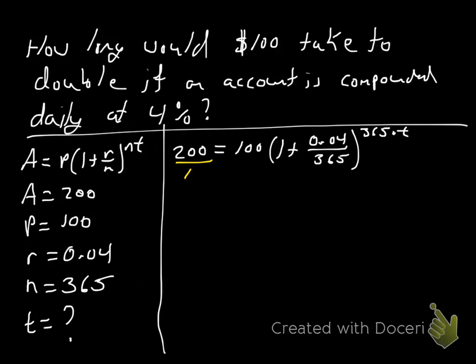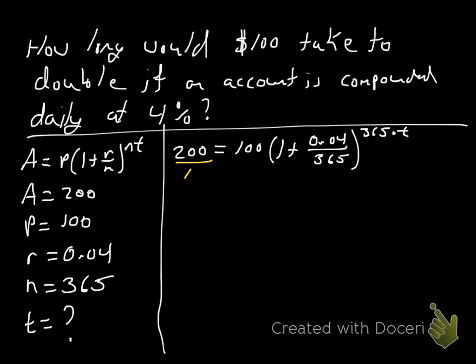Okay. Now, I'm not going to rewrite 1 plus 0.04 divided by 365 because it's a gross decimal number, and if I carry that around, I'm going to end up rounding, and then I'm not going to get as accurate of a result. So I'm just going to leave that as is, as gross as it looks. This is an exponential.